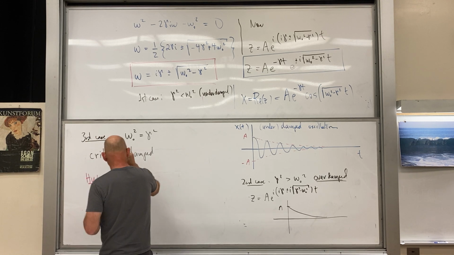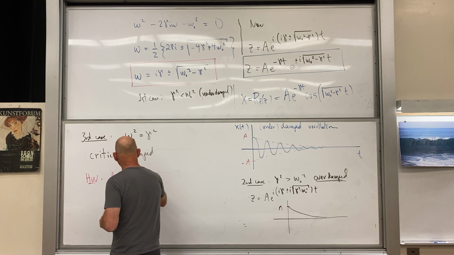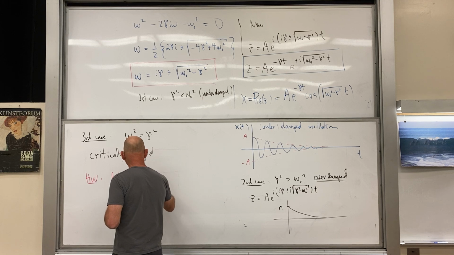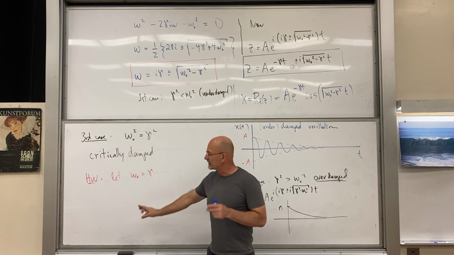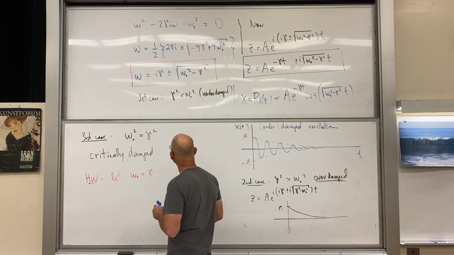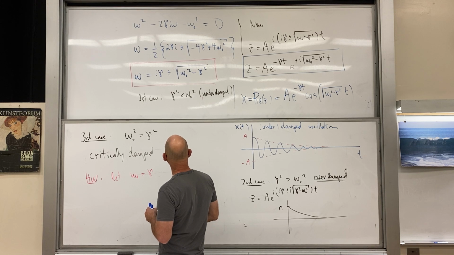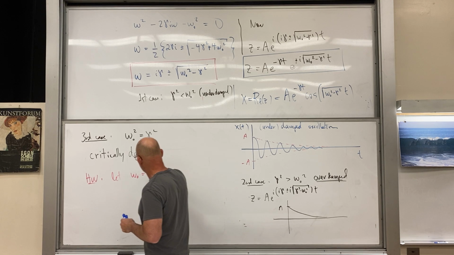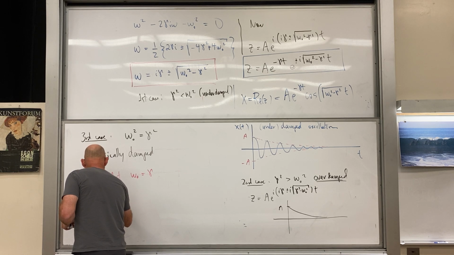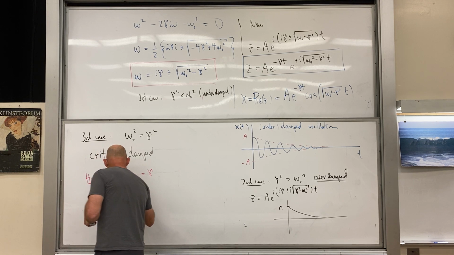Let, like I said, omega naught equal gamma. They're both positive, so squared or not is no problem. This time we're not using the complex formulation.